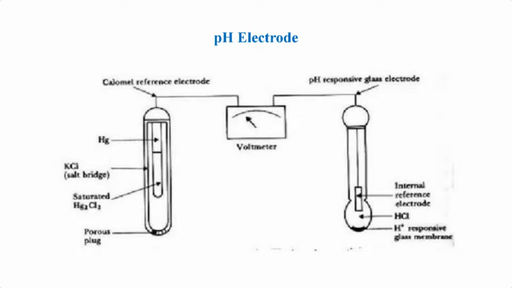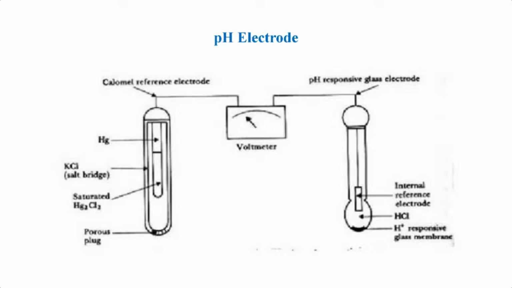The active electrode is connected to a voltmeter where the pH value could be easily measured, and the reference electrode is going to be the silver chloride electrode. And this is a combination electrode where the active and the reference electrode have been combined together, and the pH level of hydrogen is measured with the help of the voltmeter.